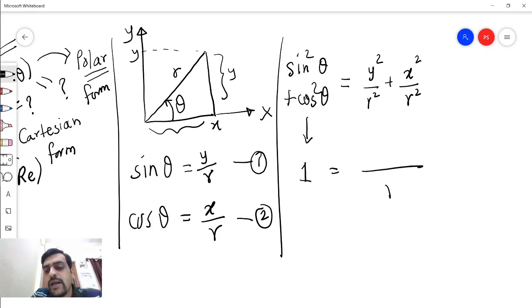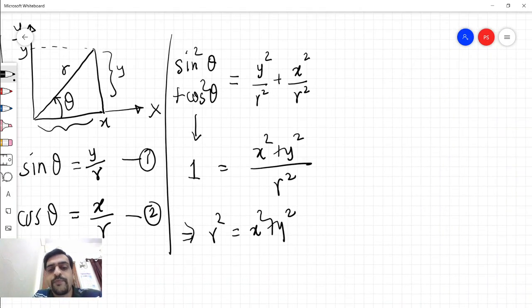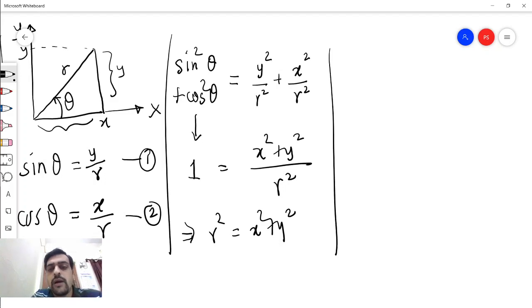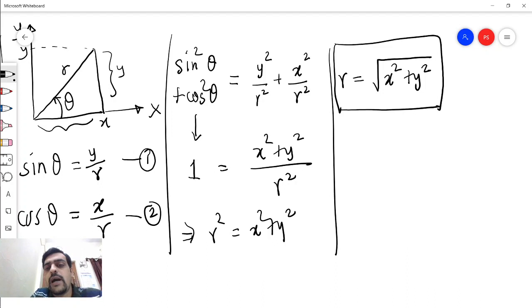Here we can have x squared plus y squared. So this means that r squared is x squared plus y squared, or r is just the root of x squared plus y squared. So this gives a relation between r and xy.